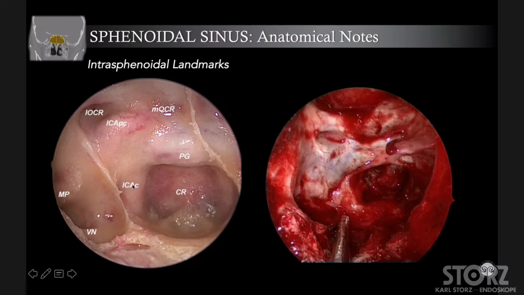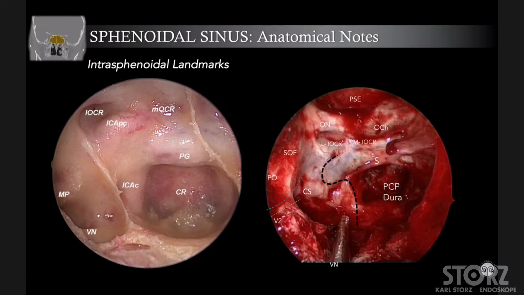Carotid artery, internal carotid artery clival segment, internal carotid artery in the cavernous segment, lateral and medial optocarotid recess, pituitary glands and cella floor, and this is the clival recess. Okay, and this is once again all the landmark present at the level of the sphenoid.